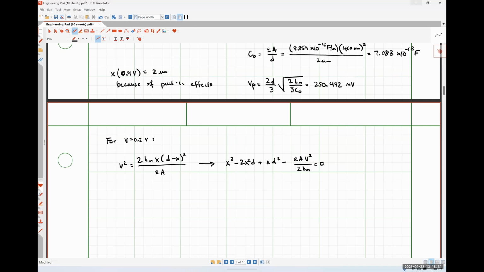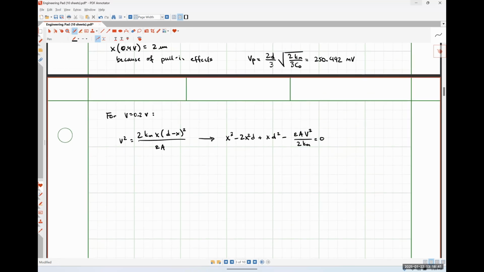This is a cubic function, so there are 3 solutions, I guess we should call it. I'll call them x1, x2, and x3, okay? So x1, I found to be 0.245 microns.